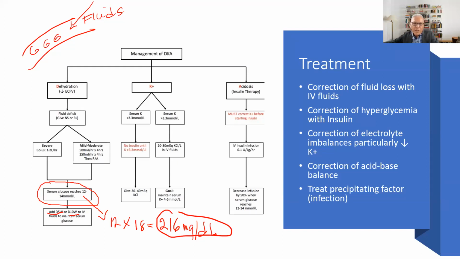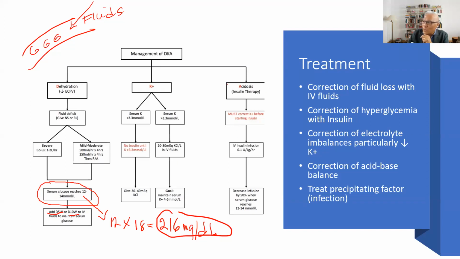Okay, it's 5 minutes, and so let's go ahead and continue. So we had talked about treating the dehydration first, and then treating the electrolyte, or the potassium, next, and the last one is treating the acidosis. This is usually accomplished by correcting the hyperglycemia with insulin.